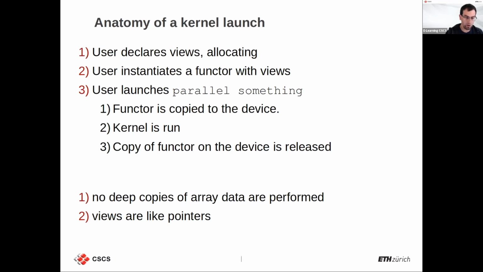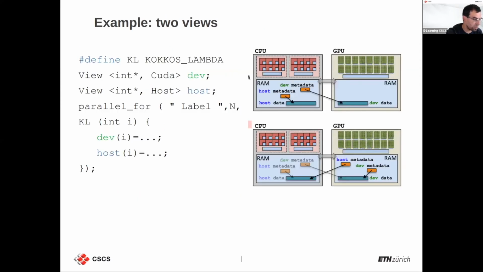There are no deep copies of array data, and views, as I said, are like pointers. In a second example, we can have two views, one on the device, one on the host. Here we declare the two views.